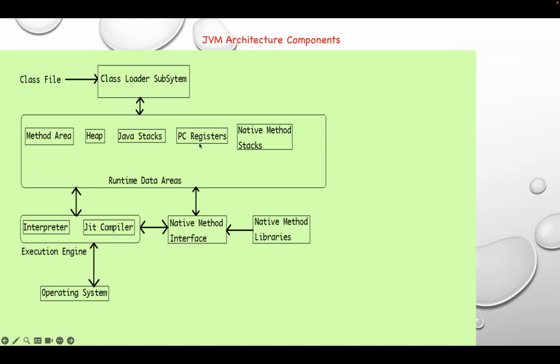Now PC register, program counter. What does PC mean? Program counter register. You are storing data here and there, but for all this data there should be an address. This register stores memory address instructions. You are storing some data here, so what is the address?